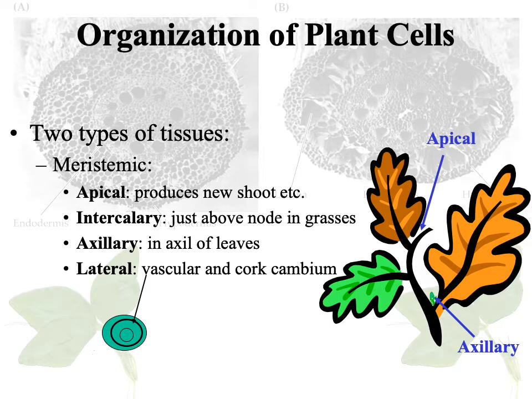And then the fourth kind is a lateral meristem. That's the vascular cambium, or some people call it the cork cambium. Those are on woody plants like trees. If you imagine, a tree gets taller every year, but it also gets fatter every year. And the fatter part of the growth of the tree is what we call the lateral meristem. That's that bright green cambium layer just beneath the bark.